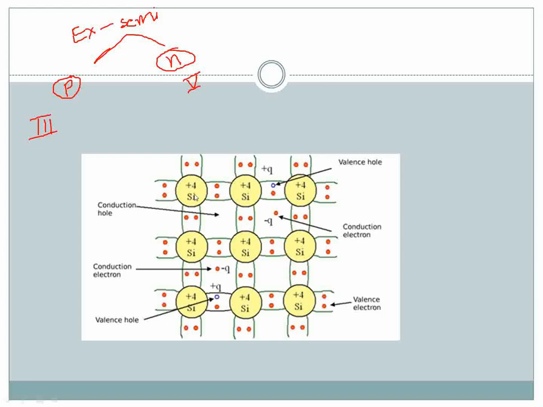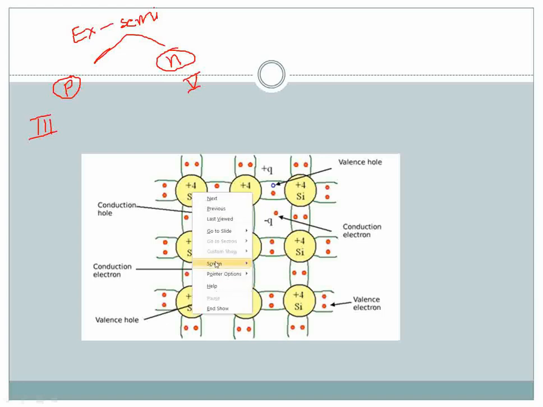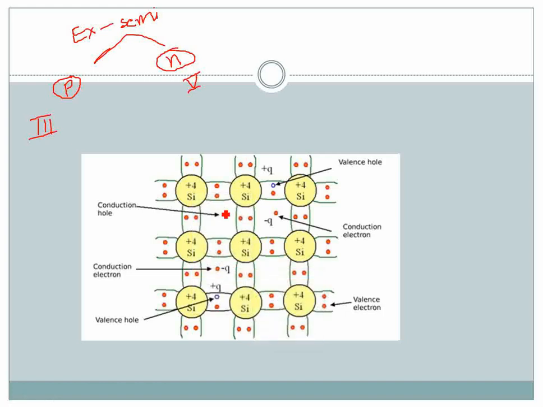So this is the silicon, boron and silicon, and this bond is incomplete. Because of this a gap occurred. The absence of a covalent bond, or an incomplete covalent bond, is treated as a hole.